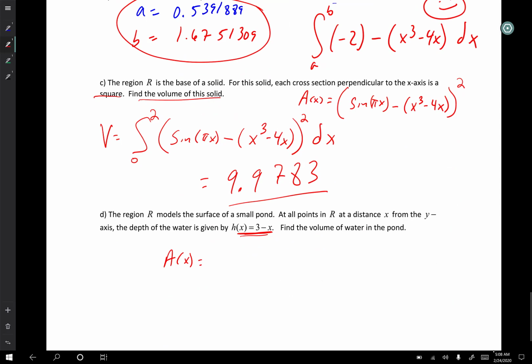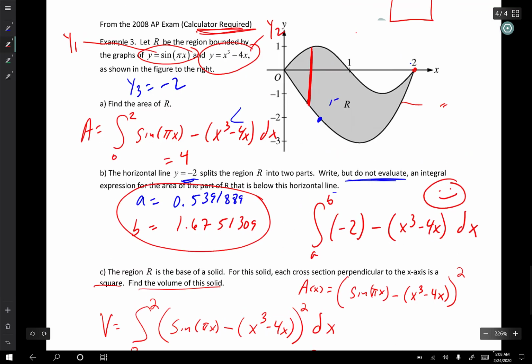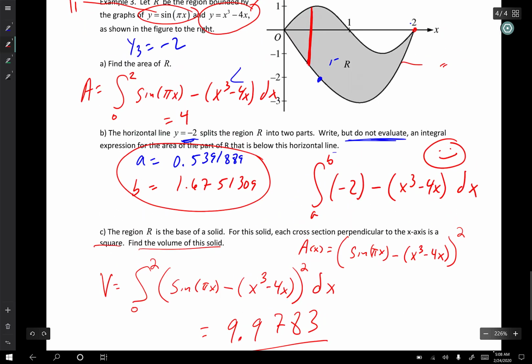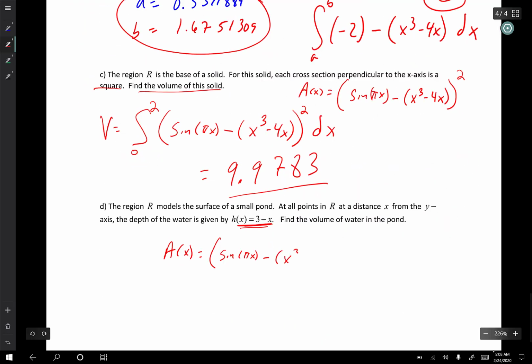So I'm going to do sine pi x minus x cubed minus 4x, and then I've got to multiply it by h of x to get an area. See, so that's like length times width, or something times height. There it is.